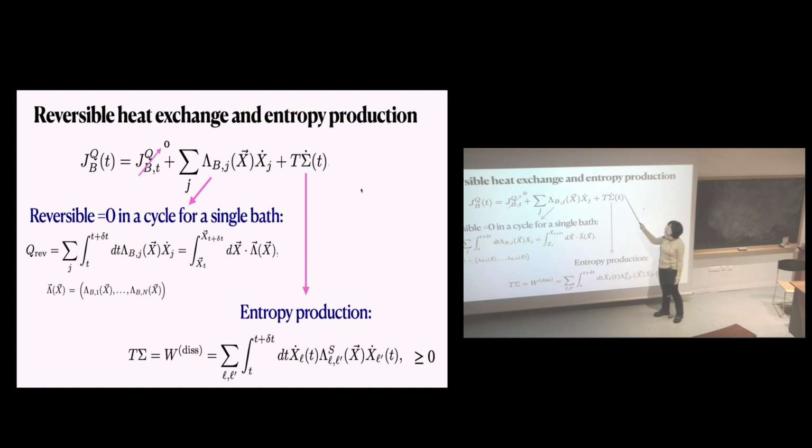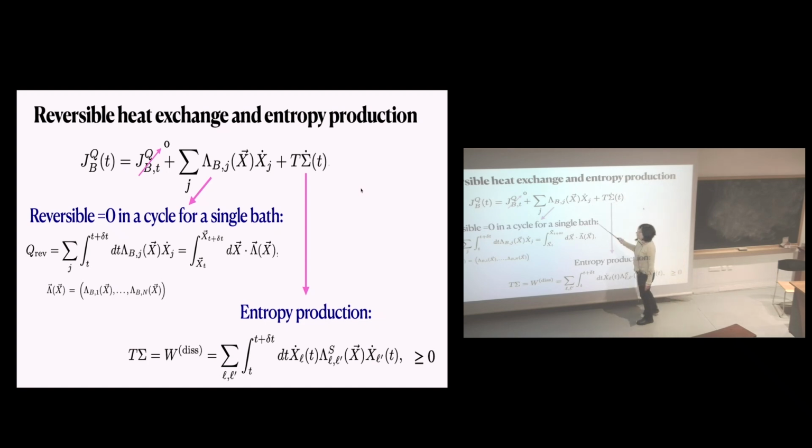This has a suggestive form because I'm writing it as the temperature times this sigma dot, and this sigma dot is precisely what is interpreted as the rate of entropy production.